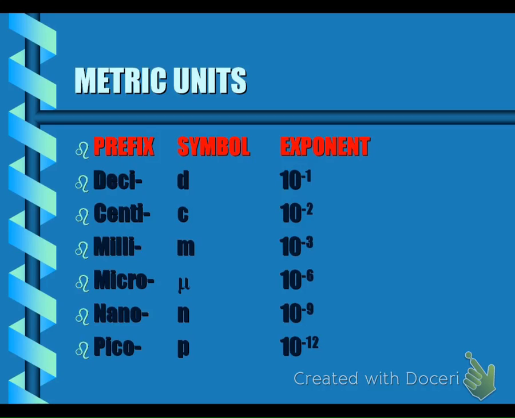Now we're looking at an additional prefix list here. Take notice that we use a single d for the symbol for deci, 10 to the minus 1, not to be confused with, on the previous slide, deca, 10 to the first, which was the symbol da.